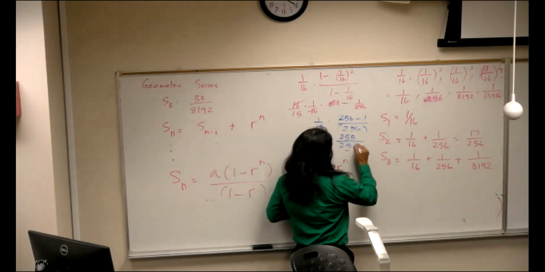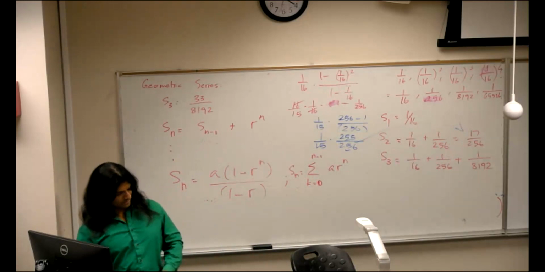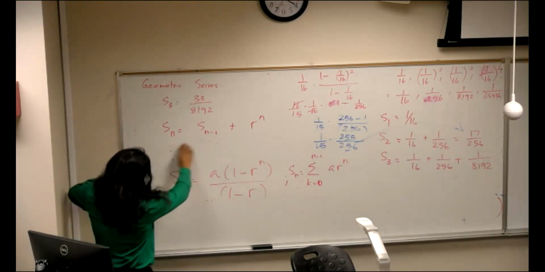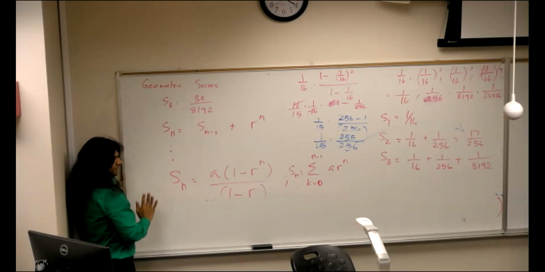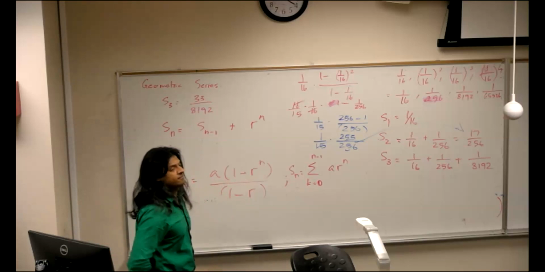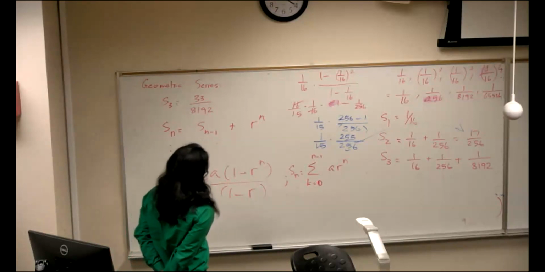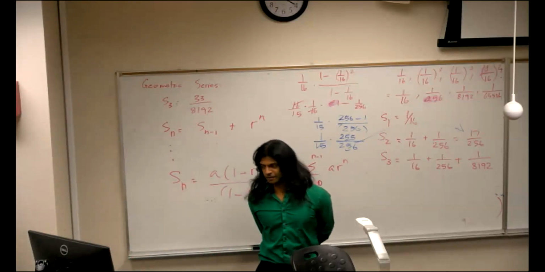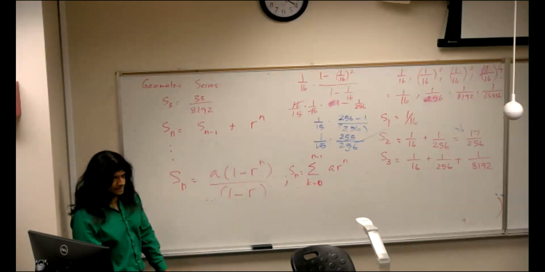So if you simplify. Now, you can verify this. If you use this recursion, if you keep on going, you can show that the sum will be that. So that is the nth partial sum formula for a geometric series, provided the geometric sequence in that series converges. Are we clear?